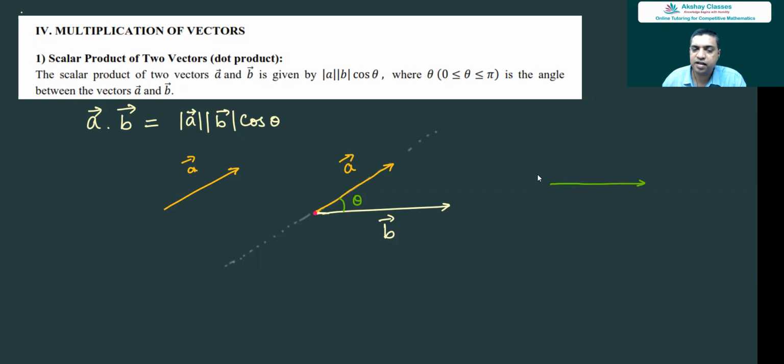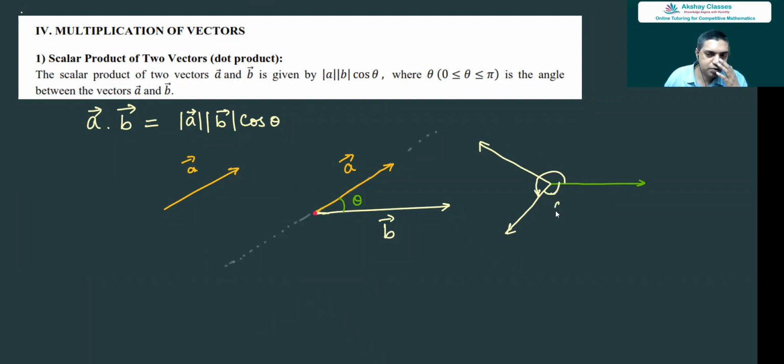this is vector A, one vector. Now, let's say there's another vector, you keep rotating. Let's say this is this angle. Now, when you take this angle it is greater than 180. However, this angle will be less than 180.